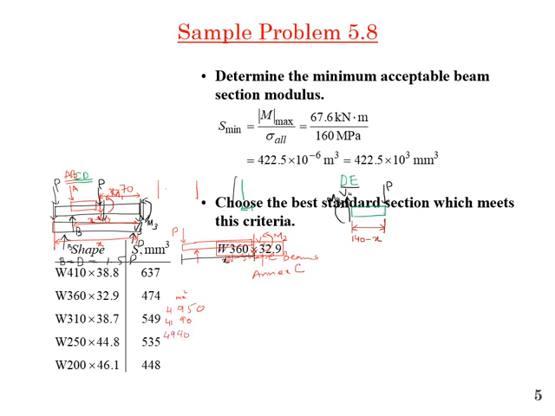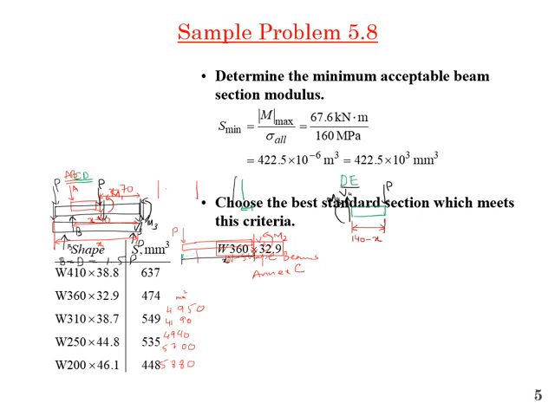And for 250 by 44.8, the cross sectional area is 5700. And for the last beam, 200 by 46.1, the cross sectional area is 5880.